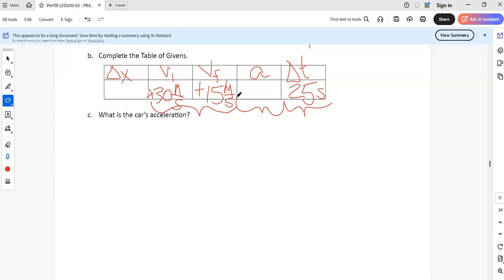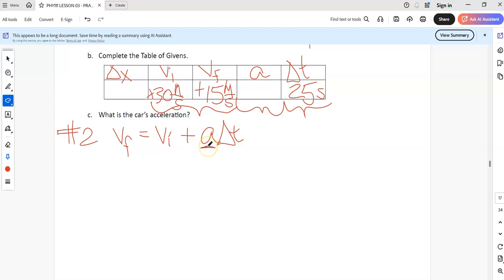So we're only looking at these 4 items, and the only equation that has those 4 items in it is equation number 2. It is the one that says the final velocity equals the initial velocity plus the acceleration times the change in time. All right, so we see our 4 variables.